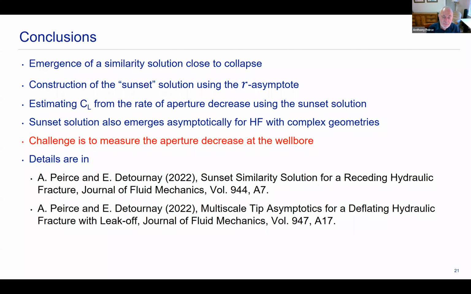But the challenge to you now is to go out and measure it. How are we going to find ways to measure the aperture decline? I know there was a talk last year about the aperture decline, but I'm not sure whether those results would have been. Maybe they can try and see if it would work. Anyway, thanks very much for your time.